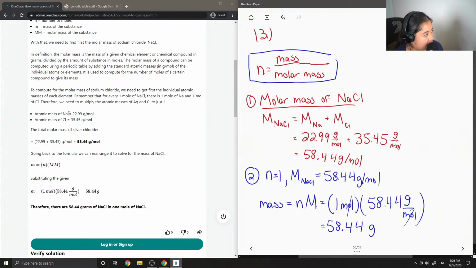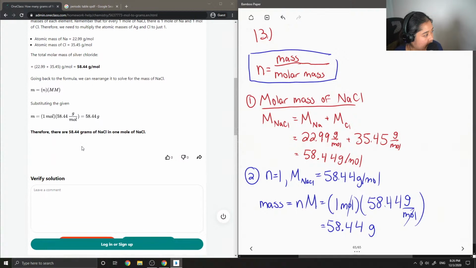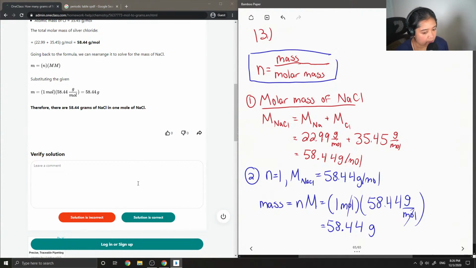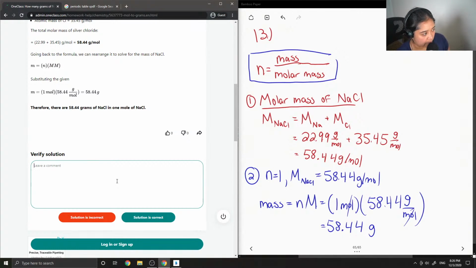So atomic mass of sodium 22.99, chlorine 35.45. So they also got 58.44. And their final answer was also 58.44 grams of sodium chloride in 1 mole. Yep, so this solution is correct.